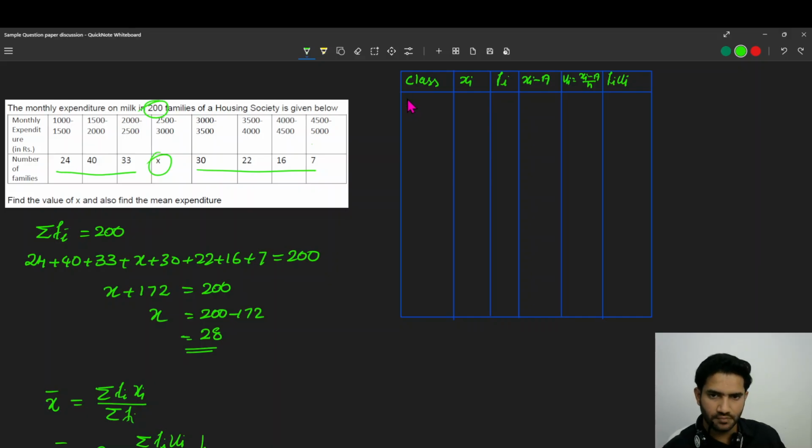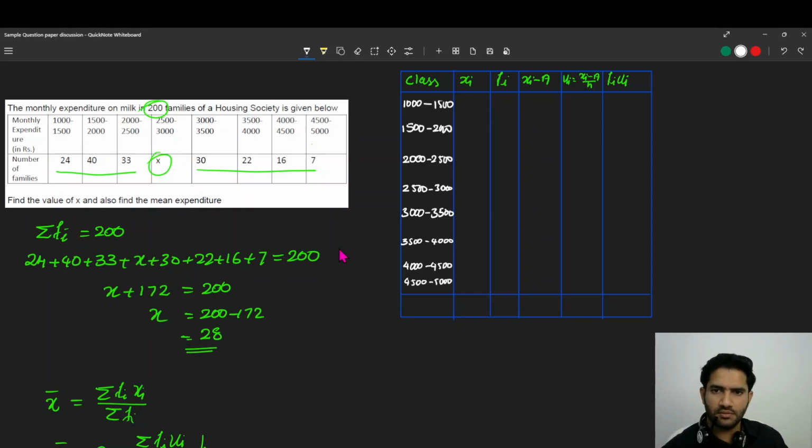1000 to 1500. So then we want the midpoints. Midpoints means in between 1000 and 1500.